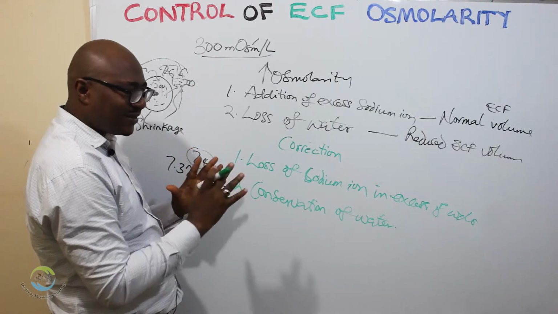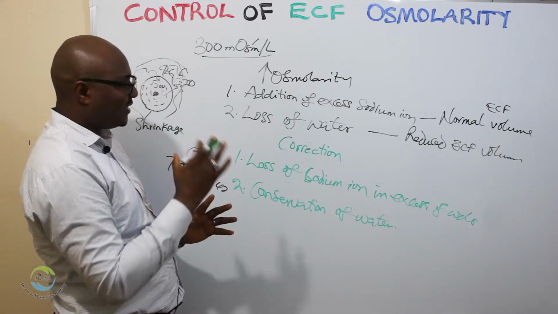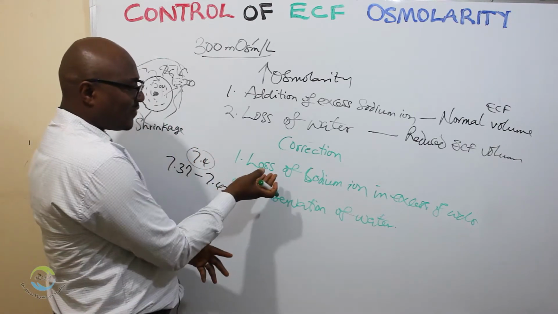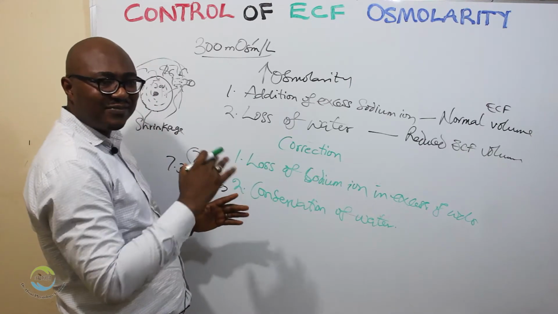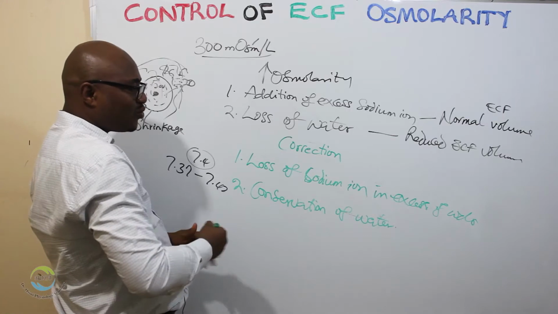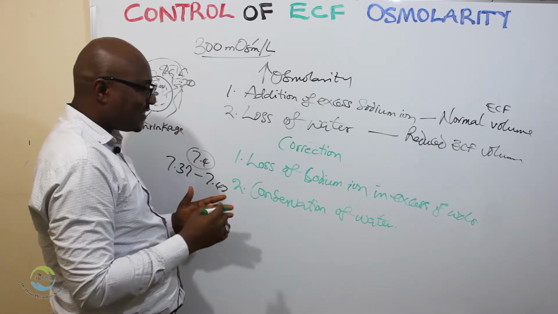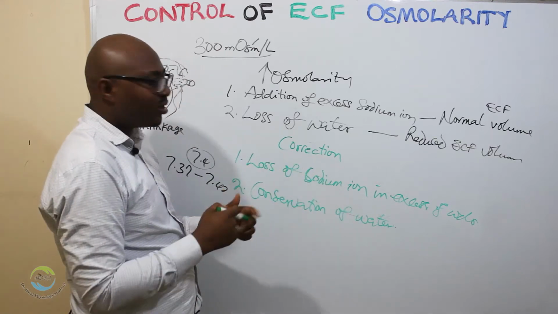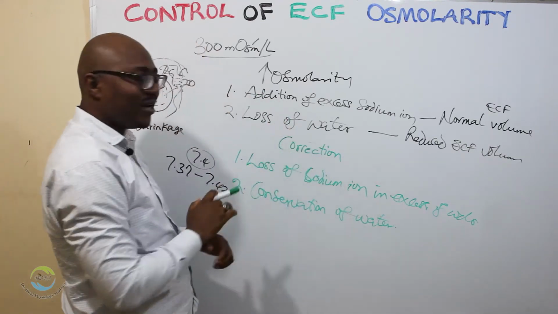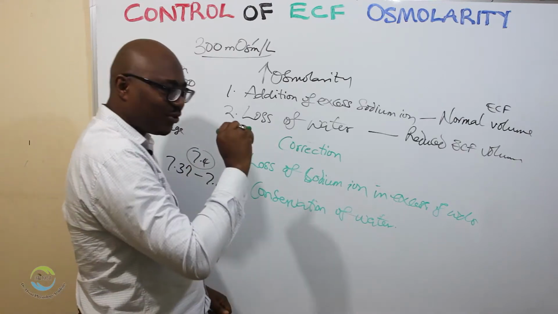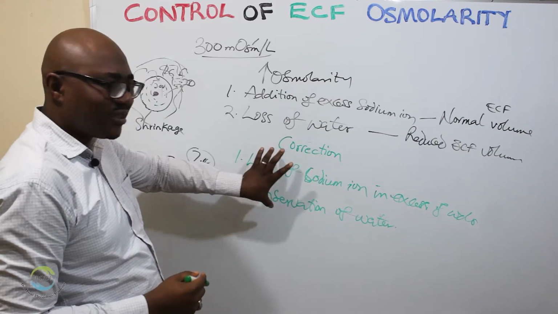Remember, there are two different things. Conservation of water alone is different from conservation of sodium. Loss of sodium is different from loss of water. It's easy to conserve water alone, and it's easy to lose water alone. But it is not easy to conserve sodium alone, and it's not easy to lose sodium alone. That is where there is a challenge.